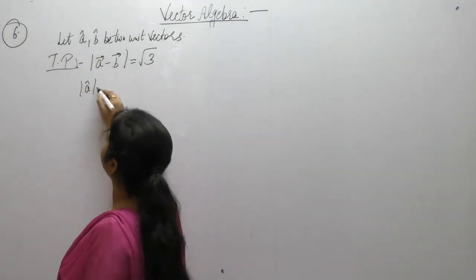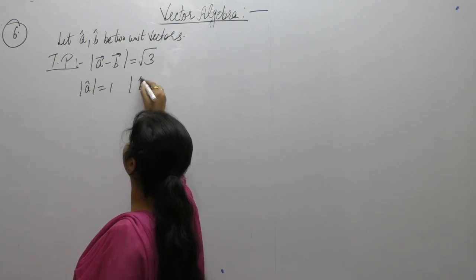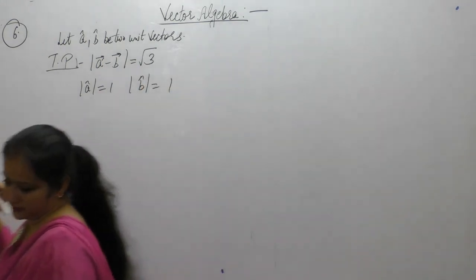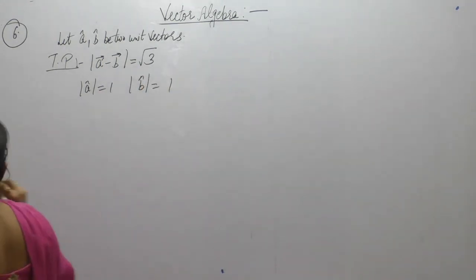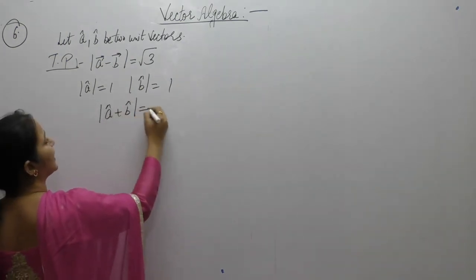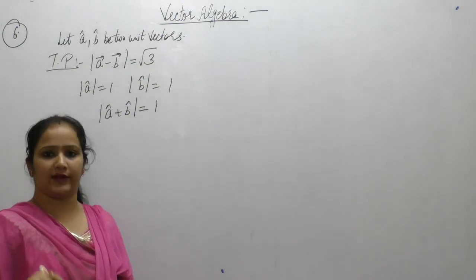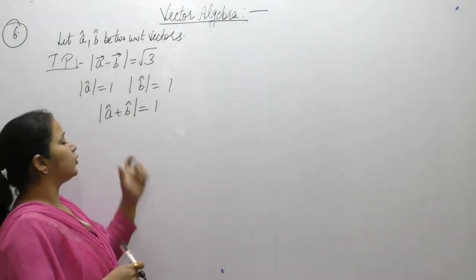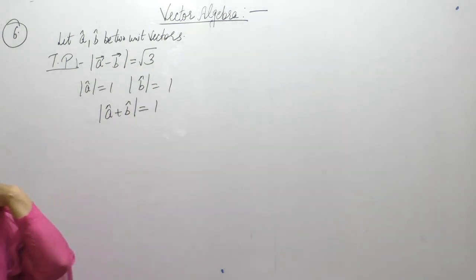Since A and B vectors are unit vectors, and it is given that the sum of two unit vectors is also a unit vector.